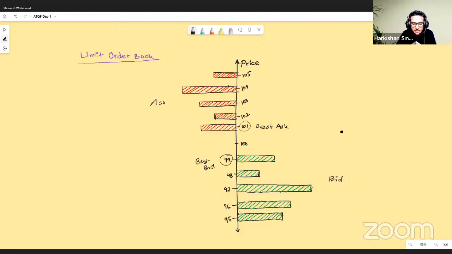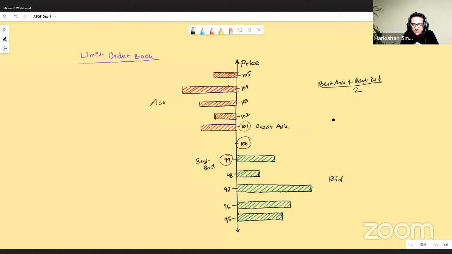The mid price is found by this formula: best ask plus best bid, divided by 2, just taking the midpoint. So 100 is the mid price.